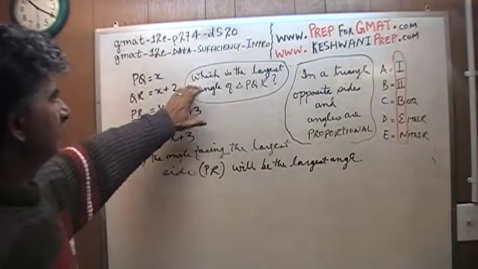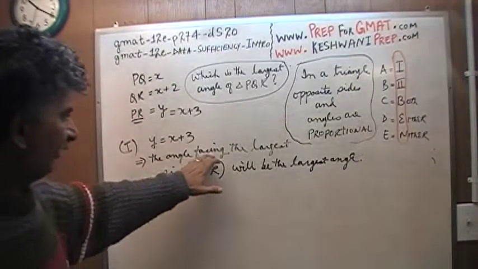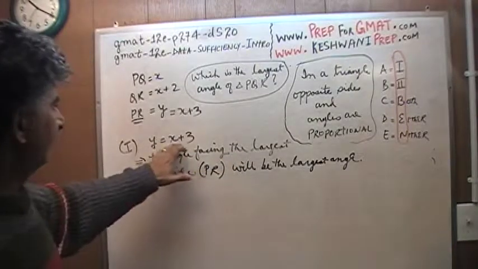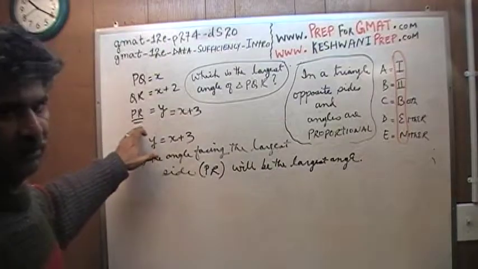The question was, which is the largest angle in the triangle PQR? The answer is the angle that faces the largest side. The largest side is x plus 3, because this is x plus 2, and this is x plus 3. So side PR is the largest side.